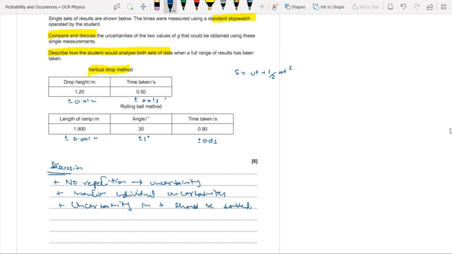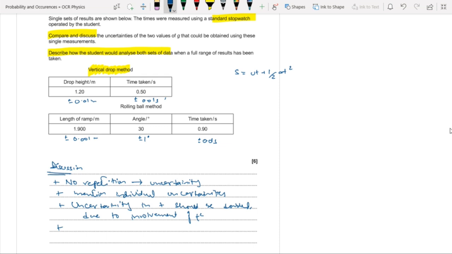So squaring the t involves, in order to calculate the uncertainty in t squared, you should double the uncertainty in t. Also, I think that's pretty much it for the discussion.